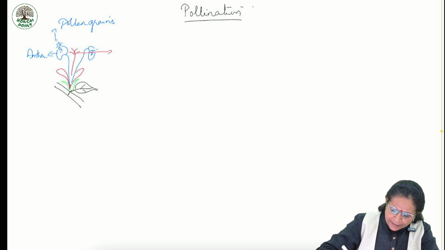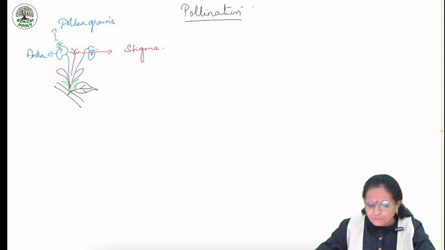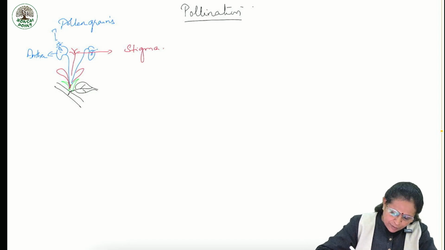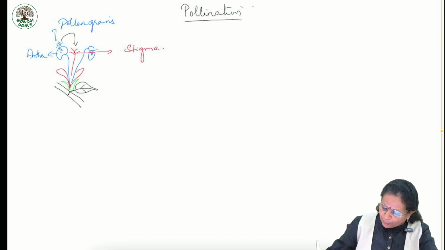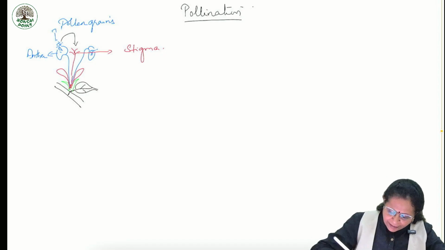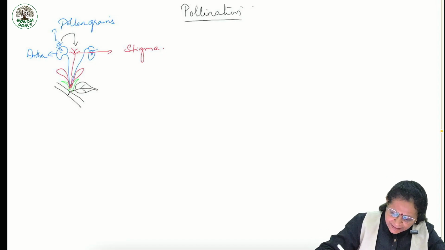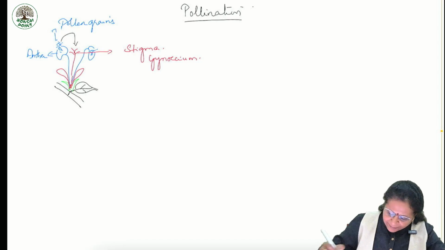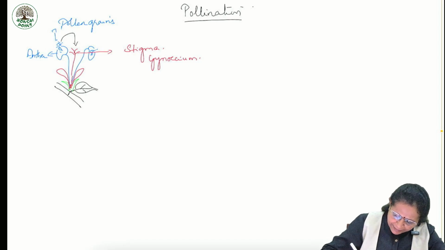Onto the receptive stigma of a flower is called pollination. Now, what did we observe here? I told you stigma, that means gynoecium is present. Next, I told you anther, that means androecium is present.